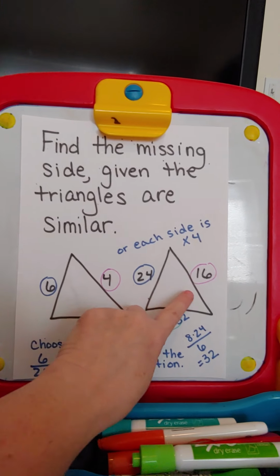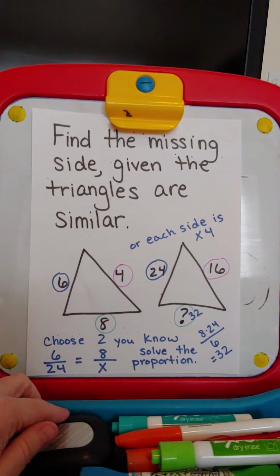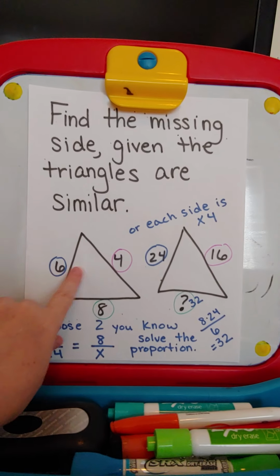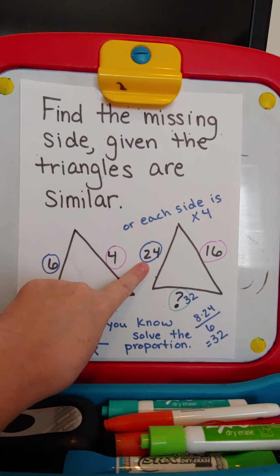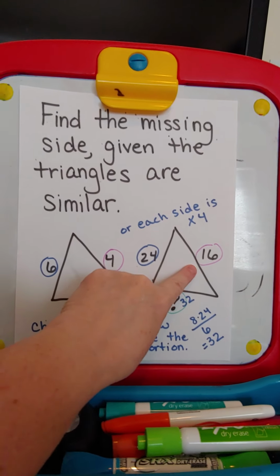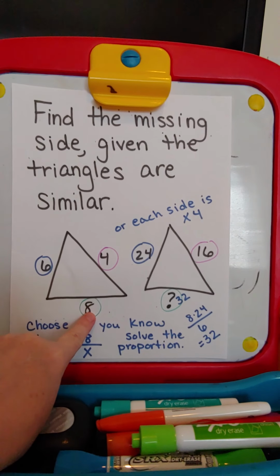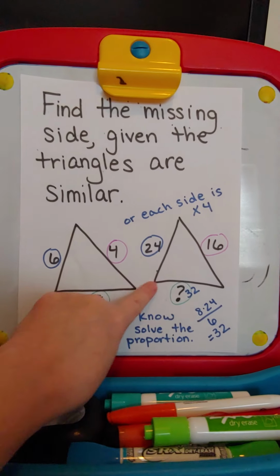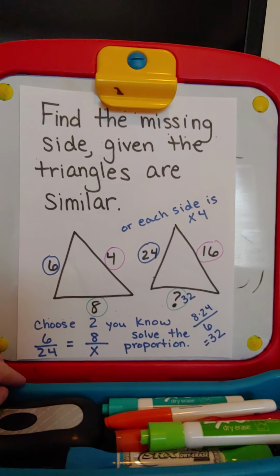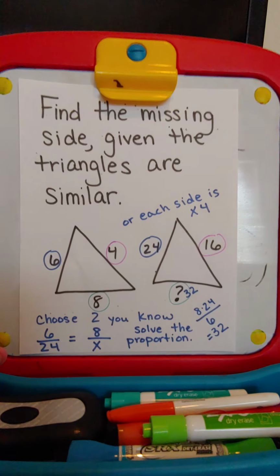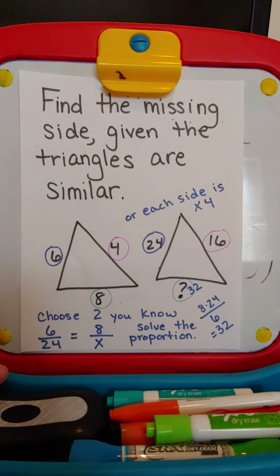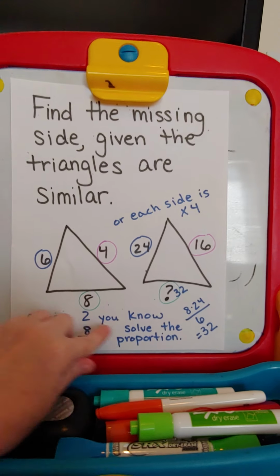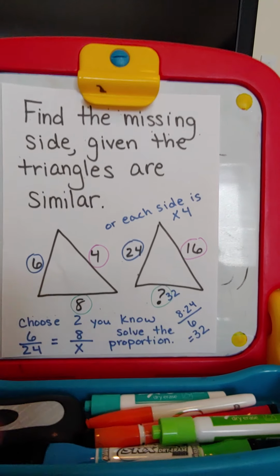I could have used 4 and 16 and 8 over x, or I could notice that 6 goes into 24 4 times, 4 goes into 16 4 times, so in order for this to be proportional, I would have to multiply 8 by 4, which would be 32. Or, with all that practice with proportions, in your calculator you could do 8 times 24 divided by 6. And that's going to give you 32.